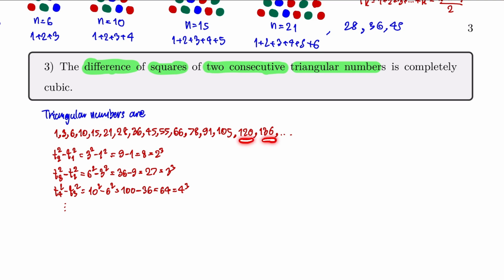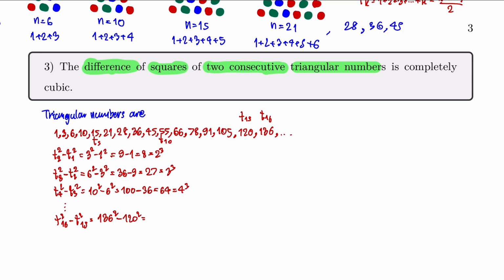And what about this one? It's a large number. The 16th term minus the 15th term, so it's t_16 squared minus t_15 squared: 136 squared minus 120 squared.